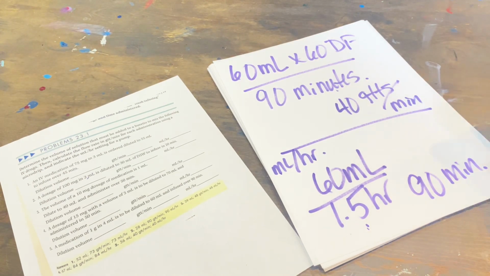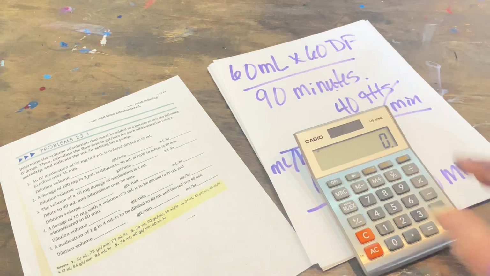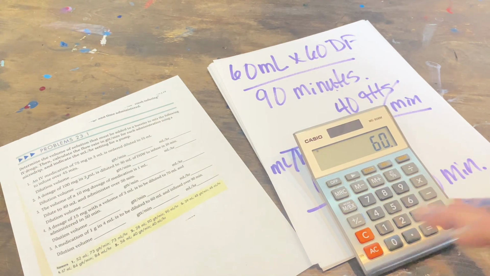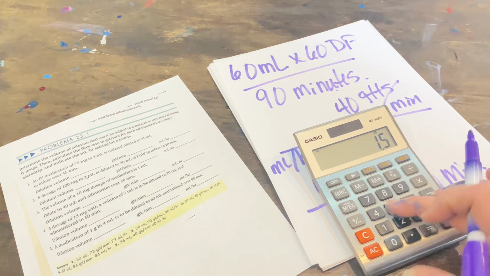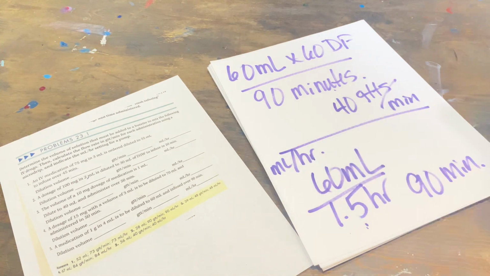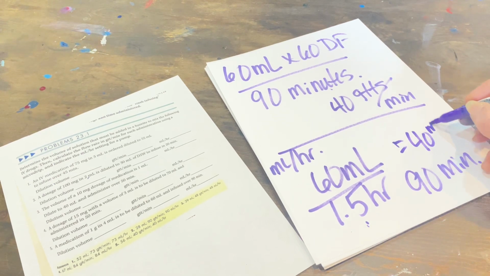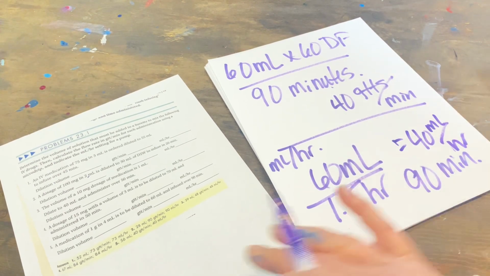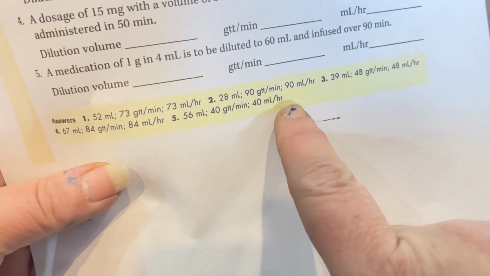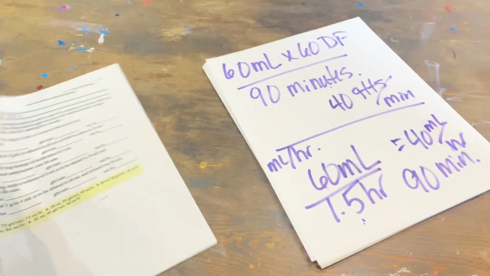Okay? And when you do 60 divided by 1.5, grab your calculator and do it with me. 60 divided by 1.5 equals 40 milliliters per hour. And look, we saved them. Yay, us.